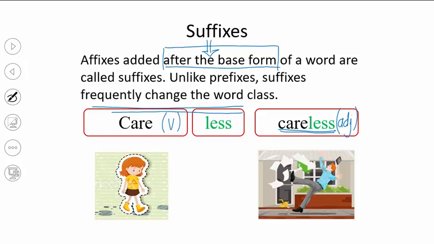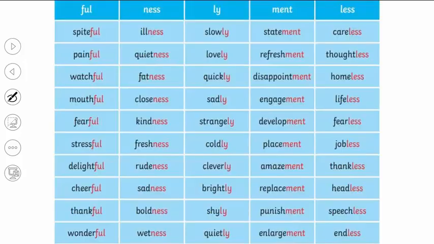So suffixes means affixes added after the base form of a word. We can see some suffixes: ful, ness, ly, ment, less. So these types of units added to the word, we can make a new word.